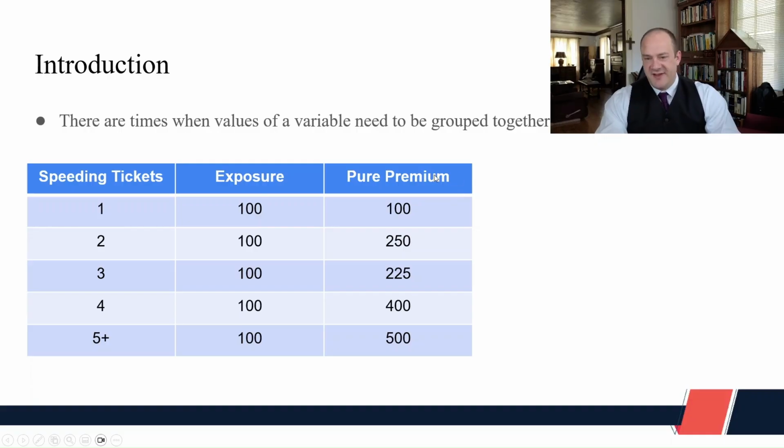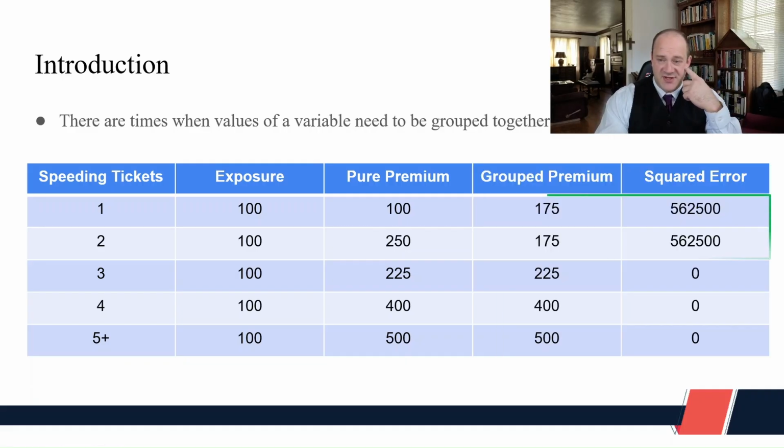What we see is that the average loss per number of speeding tickets mostly goes up. But in the case of moving from 2 to 3 here, it goes up, goes down, and goes back up. So what do we do about it? How do we group these things together in some reasonable fashion?